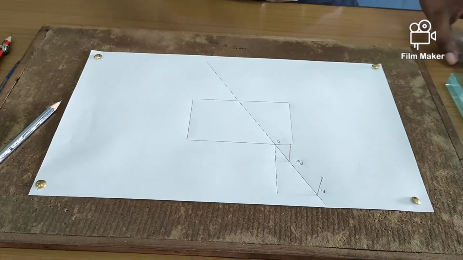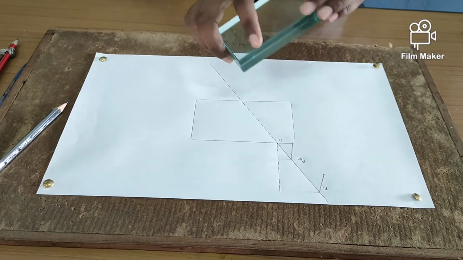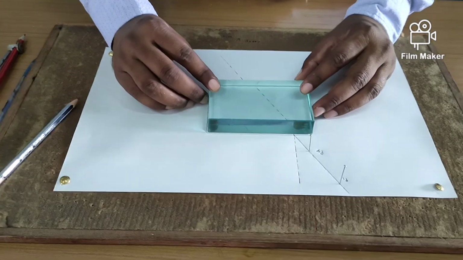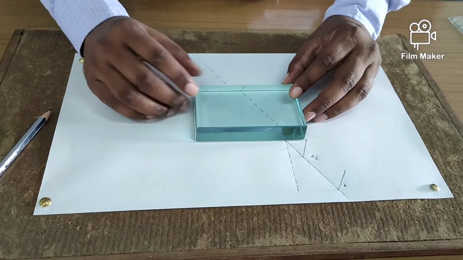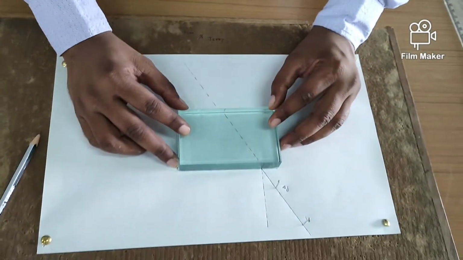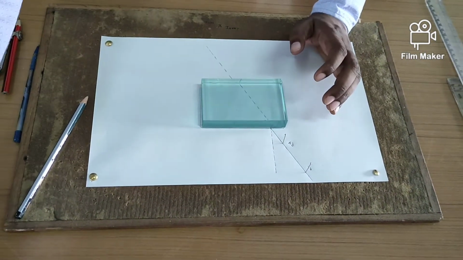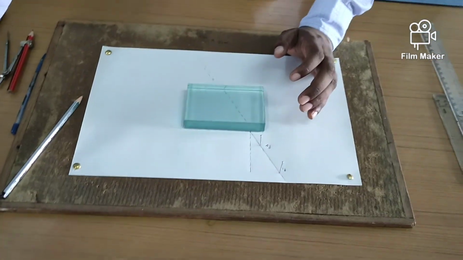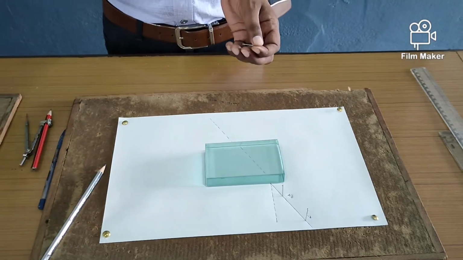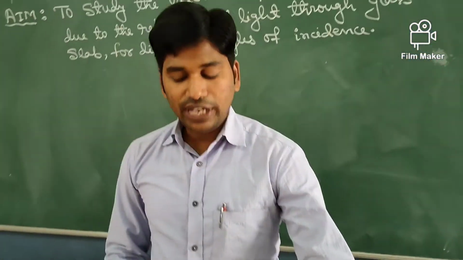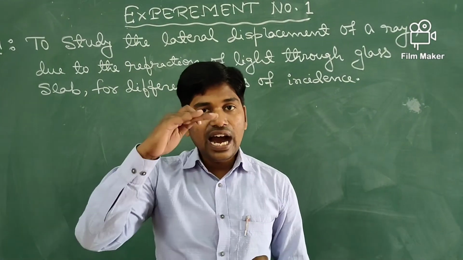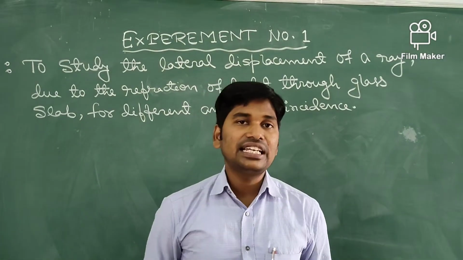Then we will replace our glass slab on its outline. Be careful that it is fixed as it was earlier. Then we will take 2 more pins in our hand and set our eye along with this glass slab.